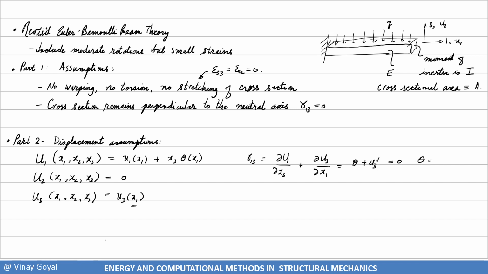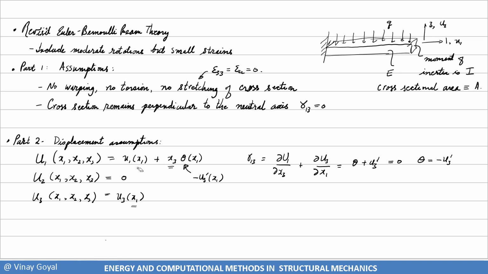Therefore theta is minus u3 prime, and so this is minus u3 prime of x1. So therefore I get the slope of that beam. So when x3 is 0, you only get axial deflection. And at the extreme fibers of that beam is when you get the highest amount of axial deflection due to the slope change. Very good.